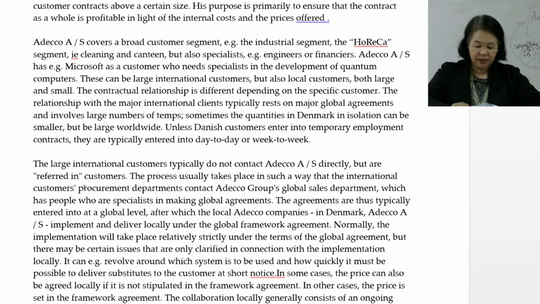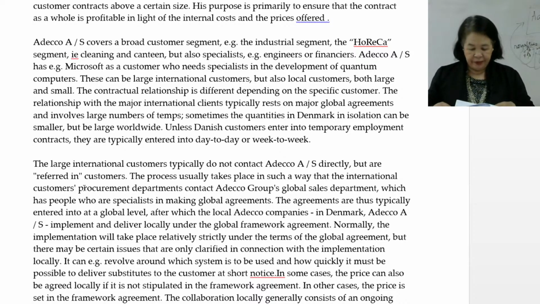These can be large international customers, but also local customers. Both large and small, the contractual relationship is different depending on the specific customer. No? Okay.